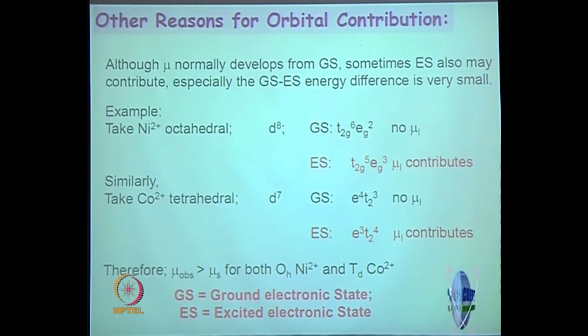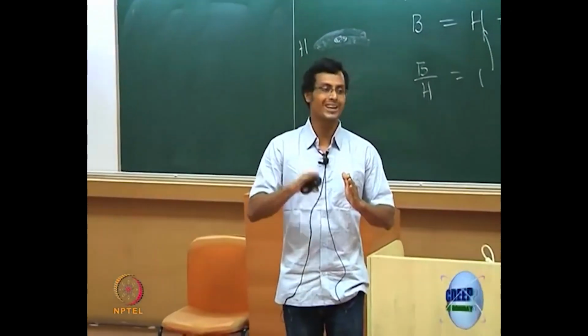So, for example, over here t2g6 eg2, no orbital angular momentum should be there, but in the excited state it should be t2g5 eg3, and now orbital angular momentum will be there. Of course, the absolute value will be less compared to a compound giving it from its ground state. So the orbital angular momentum is not necessarily coming just from the ground state, it can also come from the excited state.